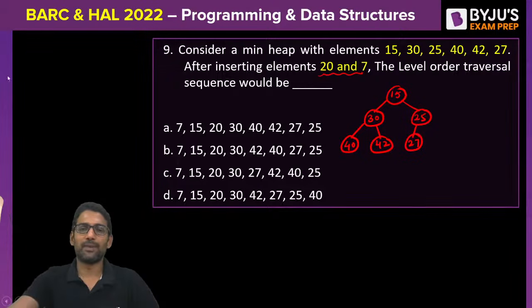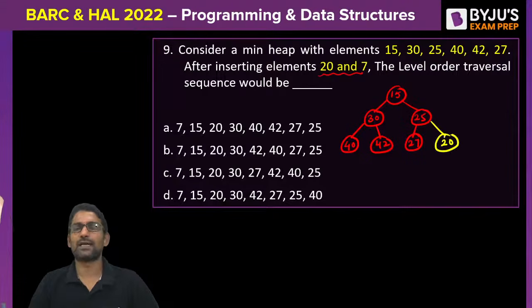So this is the min heap given for the given elements. Now 20, initially we insert as right child to 25 to satisfy the structuring property, but as it is not satisfying the ordering property, we will swap 25 and 20.